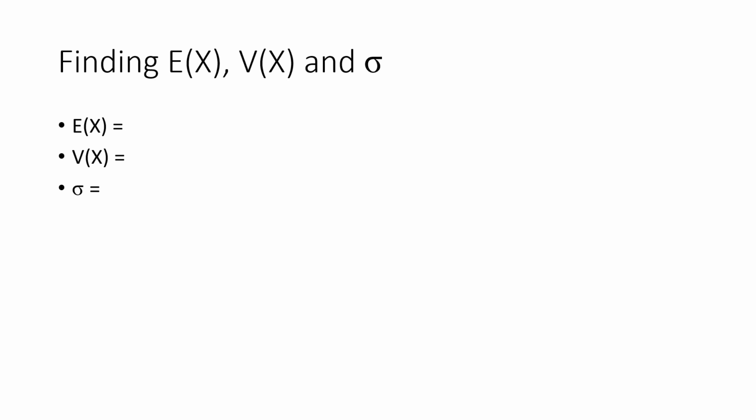Questions involving discrete random variables often ask for these four things: E of x, which is the mean or the average; V of x, which is the variance; sigma, which is the standard deviation; and also k, but we'll look at that later.